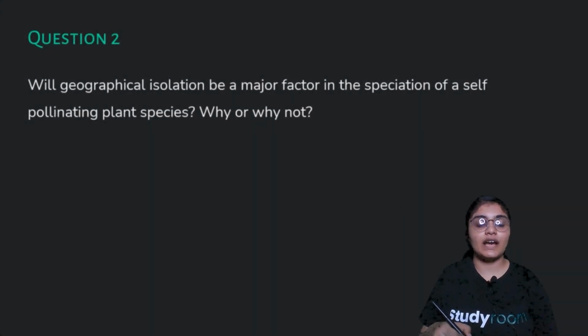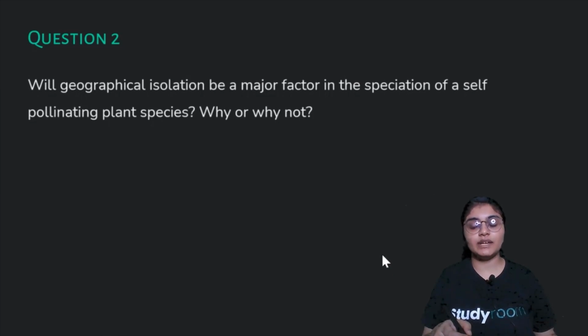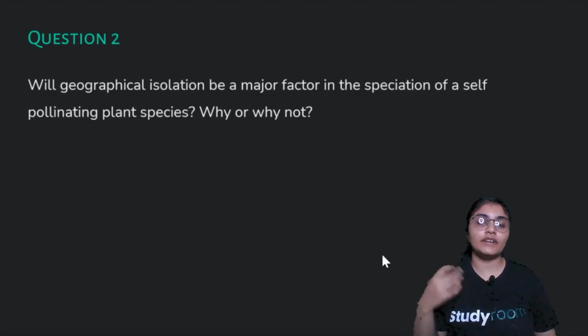The next question that we have is, will geographical isolation be a major factor in the speciation of a self-pollinating plant species? Why or why not? We can say that geographical isolation cannot be a major factor in the speciation of a self-pollinating plant species, because it does not have to look for other plants for its reproduction to be carried out, and since it is independent of any other plant, geographical isolation cannot be a major factor in its speciation, right?